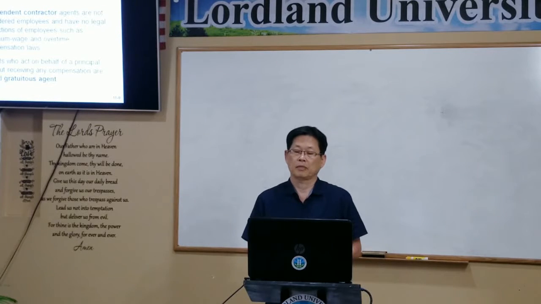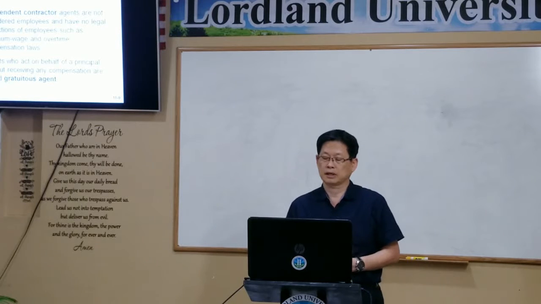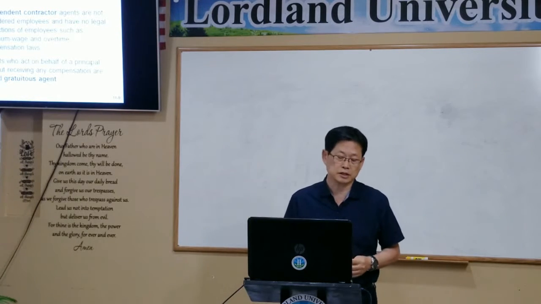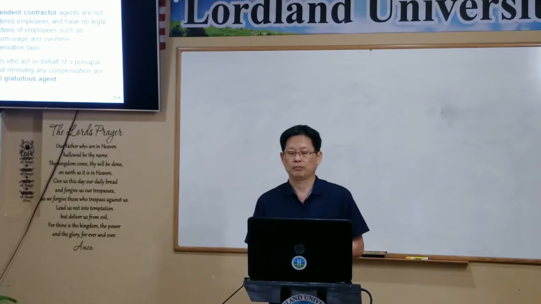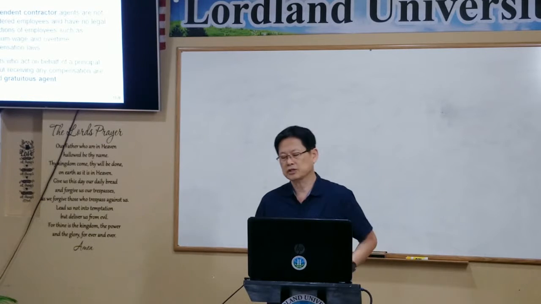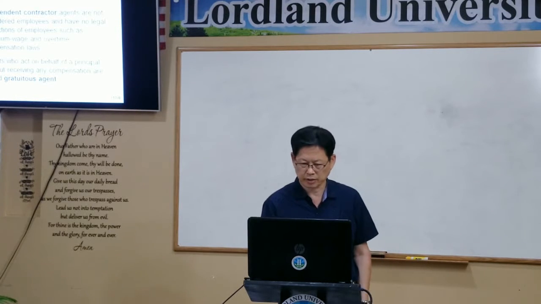Third type of agent is a gratuitous agent. Gratuitous agent is an agent who acts on behalf of a principal without receiving any compensations. That agent is referred as gratuitous agent.